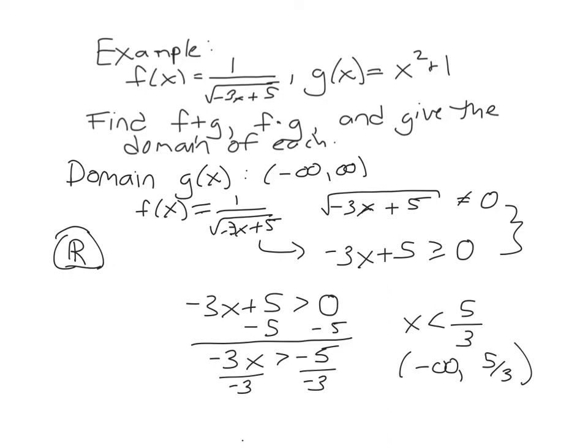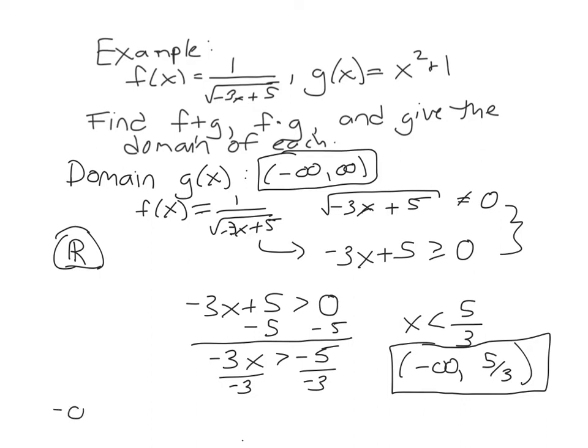Now remember, I need to take the intersection of these two. So I have negative infinity to infinity, and I also have negative infinity to 5/3. Well, when I take the intersection of those two things, of course it's going to be the smaller of the two sets.